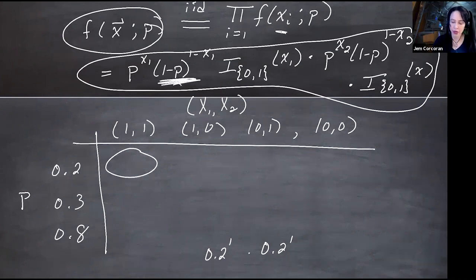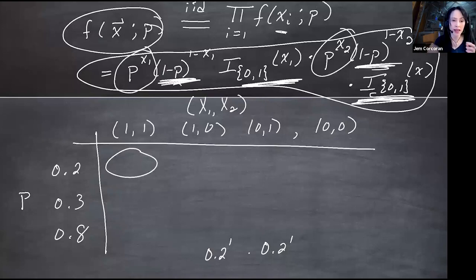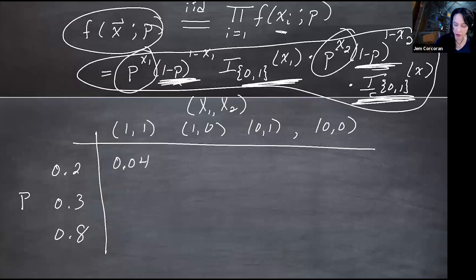This is going to disappear, this is going to disappear, because if I'm plugging in ones, that's going to equal 1. So I'm going to have p to the 1 times p to the 1, and p in this case is 0.2. So when multiplying, I get 0.04.